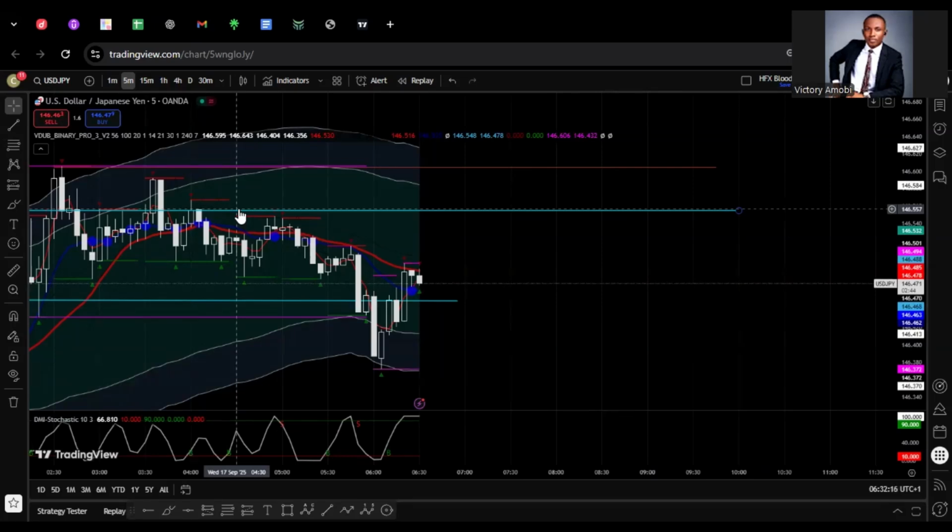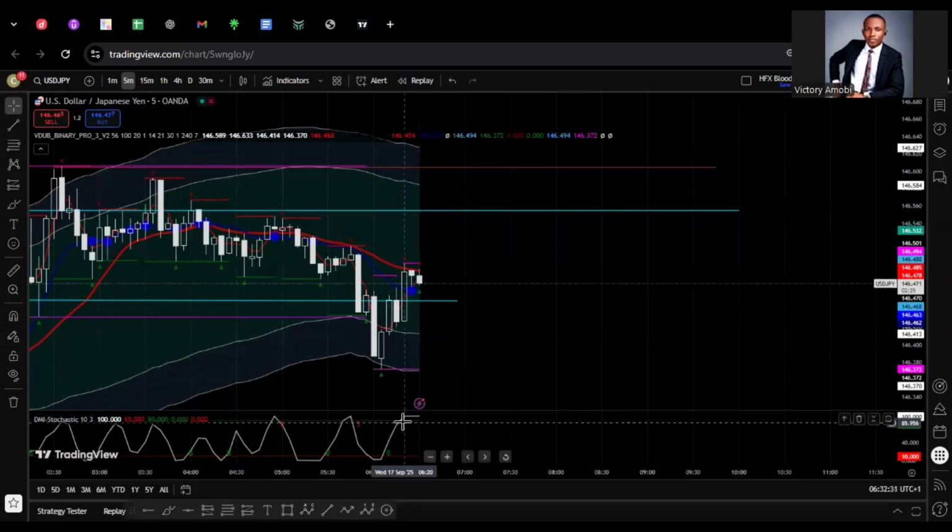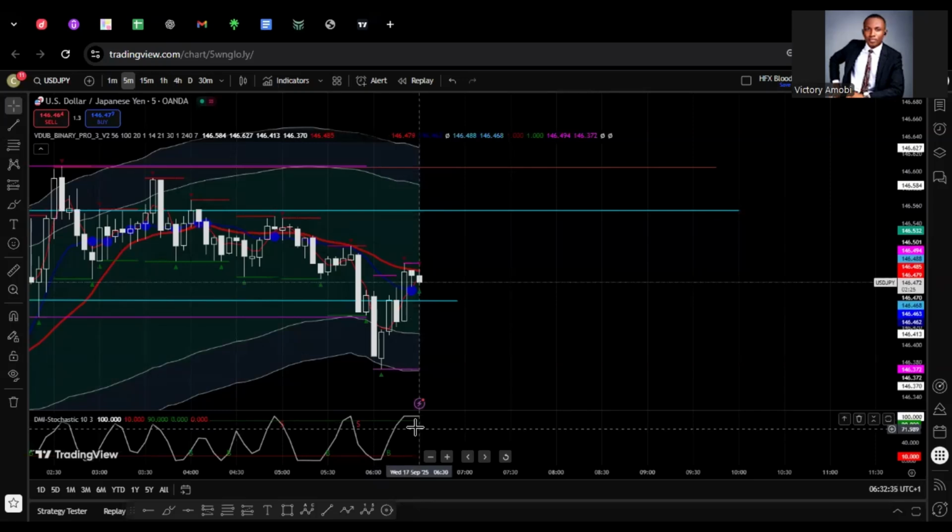Two, if I'm taking a sell, the market must be very close to a resistance area. Three, my stochastic must be overbought, that is above the higher zone. And I see my S symbol before I go in for my 5-minute sell.